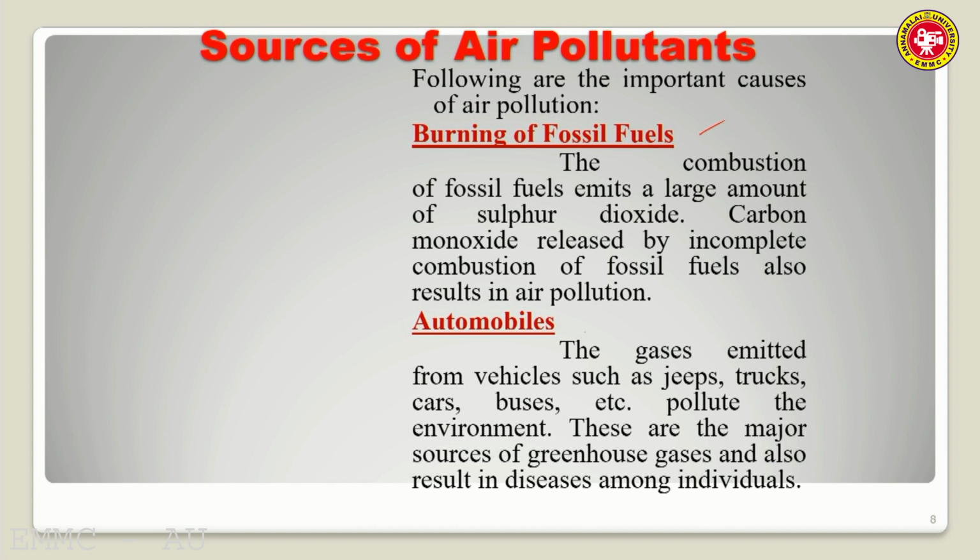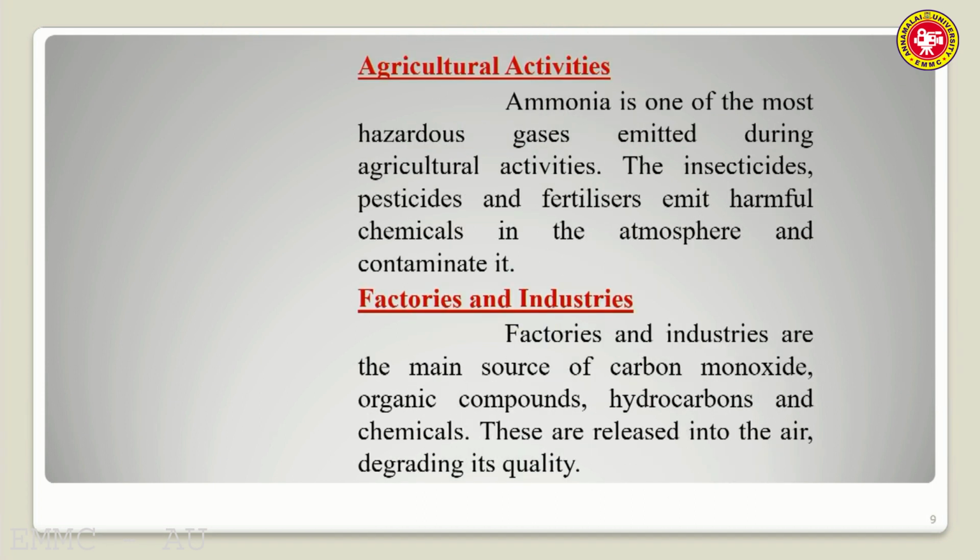Next, automobiles. The gases emitted from vehicles such as jeeps, trucks, cars, buses, etc. pollute the environment. These are the major sources of greenhouse gases and also result in disease among individuals. Next, agriculture activities. Ammonia is one of the most hazardous gases emitted during agriculture activities.